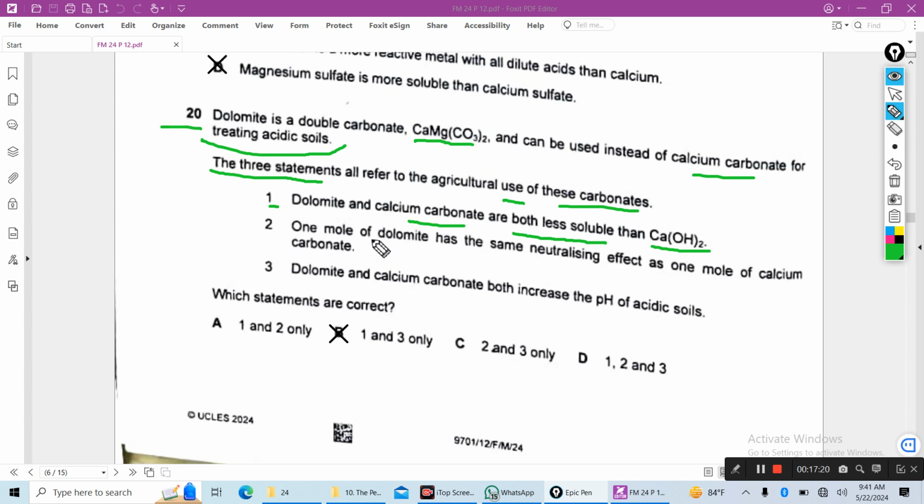2, 1 mole of dolomite has the same neutralizing effect as 1 mole of calcium carbonate. No, calcium carbonate has only one carbonate group, so it can neutralize 2 hydrogen ions, but dolomite has 2 carbonate groups, so it can neutralize 4 H plus.